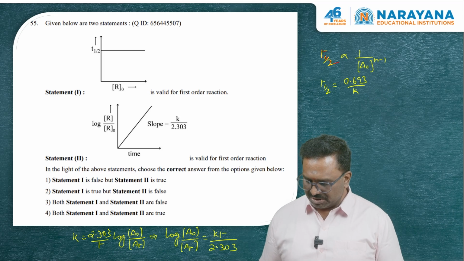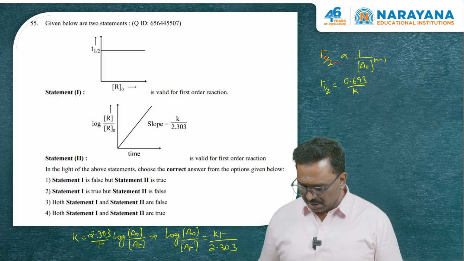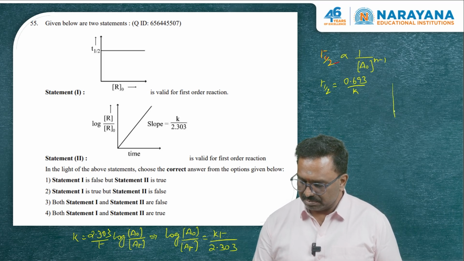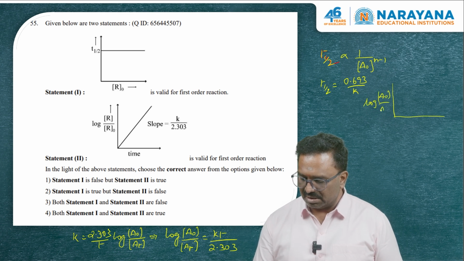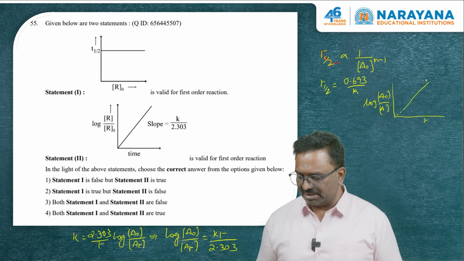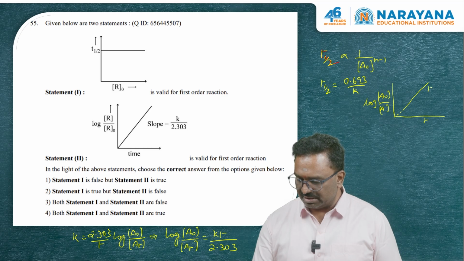Now, when a graph is drawn between log of A naught by concentration at time t versus t, it is a straight line passing through the origin. Slope is equal to k by 2.303.